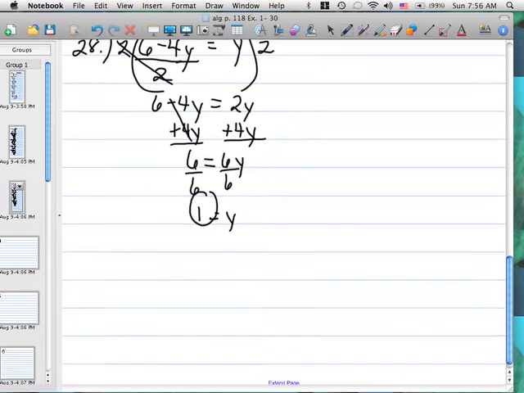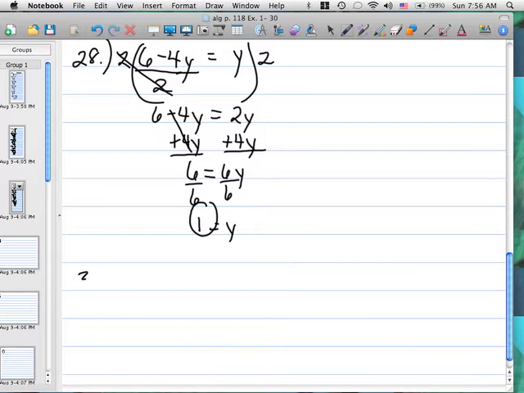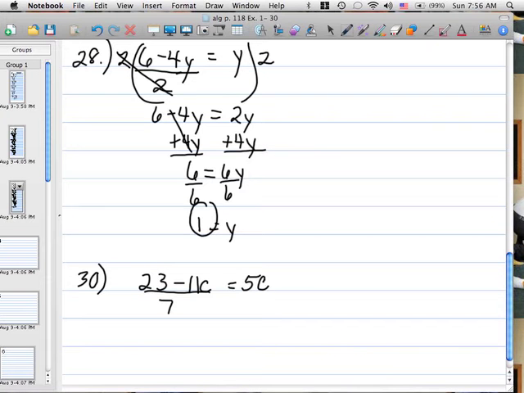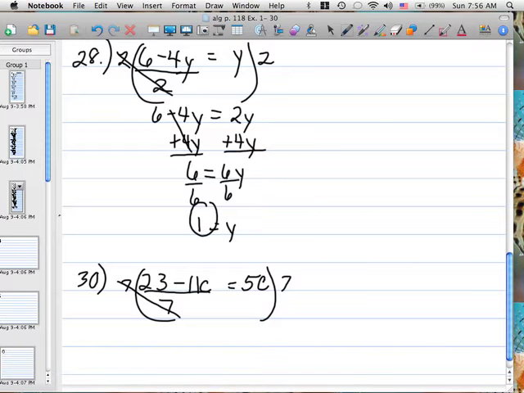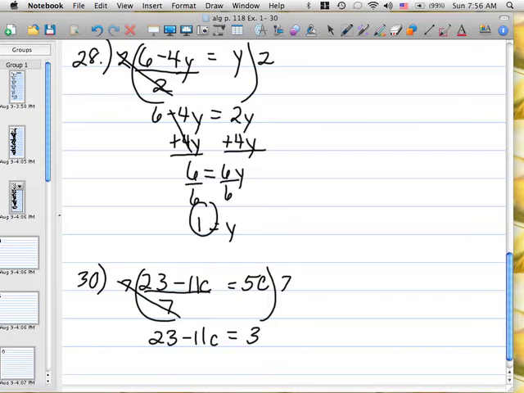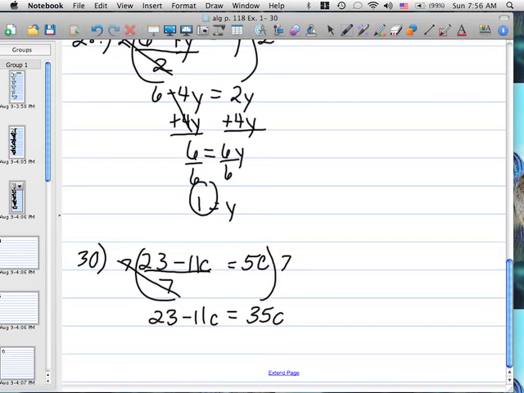And the last problem, 23 minus 11c over 7 equals 5c. Again, eliminate the fraction by multiplying by the denominator. So the 7's cancel out, leaving 23 minus 11c equals 35c. 35c is by itself on the right, so I want to eliminate the negative 11c on the left by adding 11c.